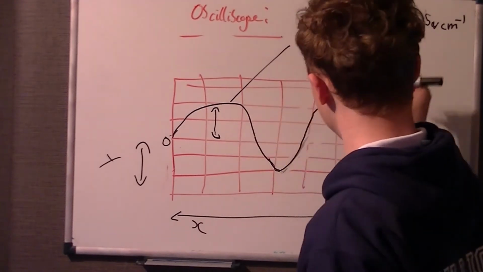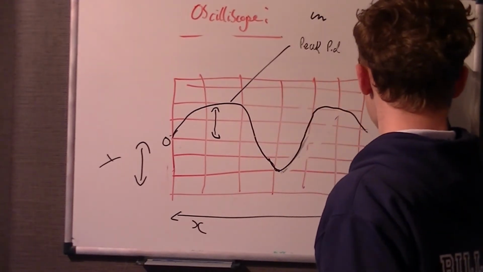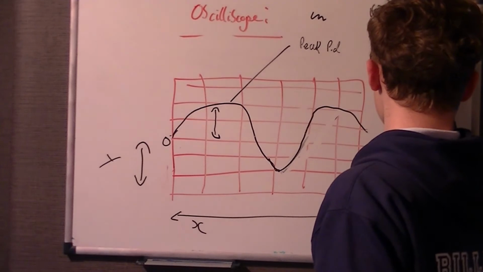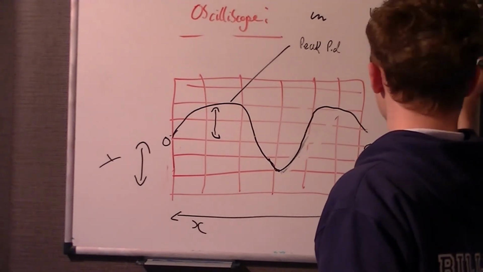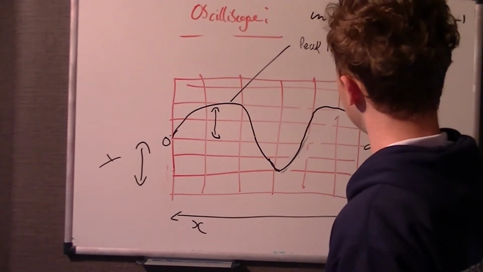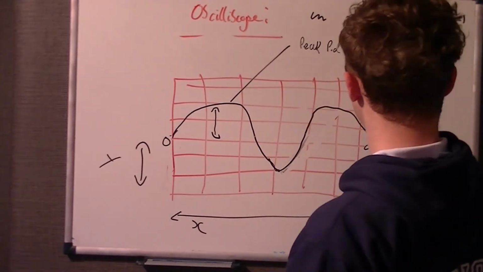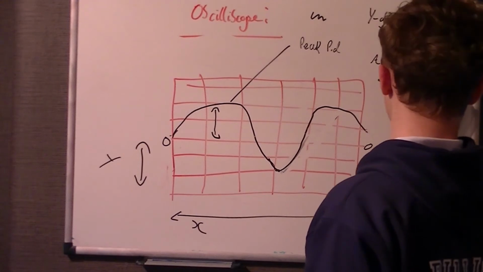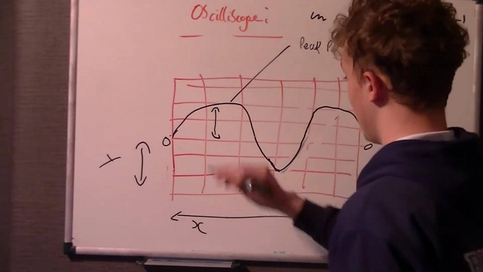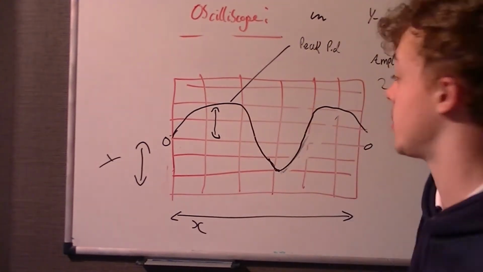And our amplitude is, let's say, to do an easy one, 2 centimetres. There's a 1 centimetre block and we're perfectly at 2.